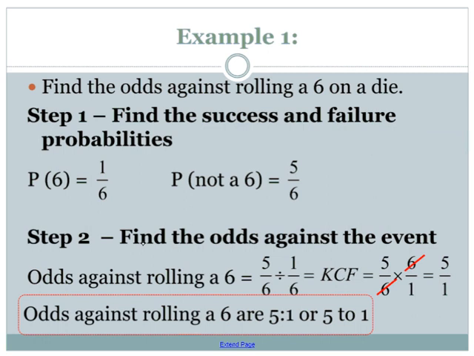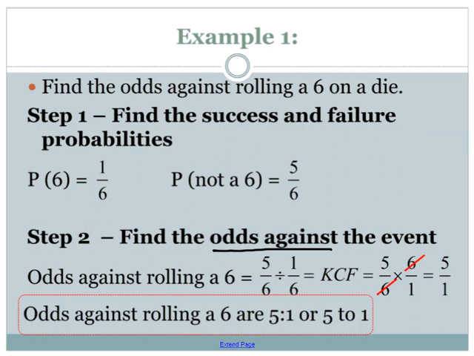And so if we want to find the odds against rolling a 6, we put 5/6 first, okay? Because we're going to put the probability of failure divided by the probability of success. That we fail, that we don't get a 6, is 5/6. That we succeed is 1/6.